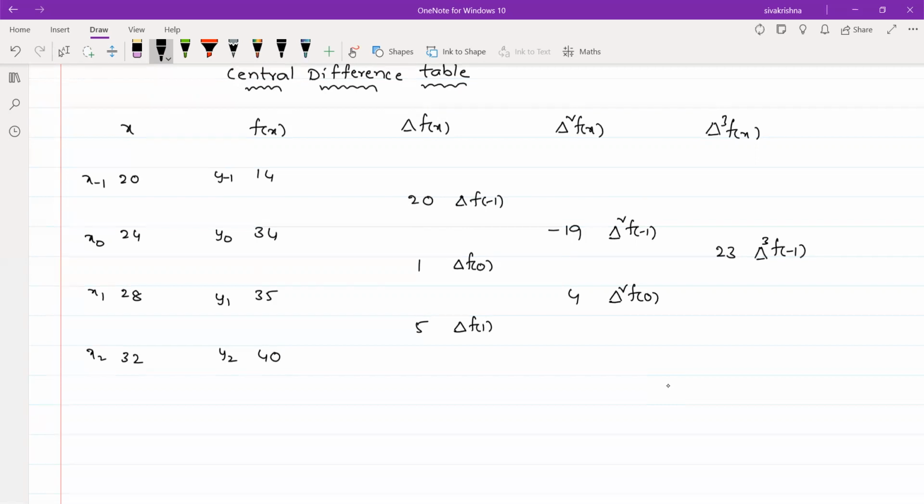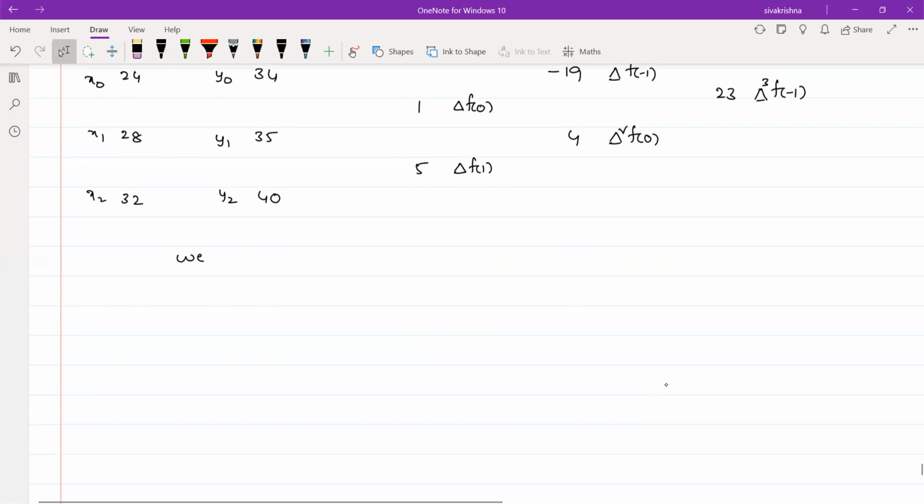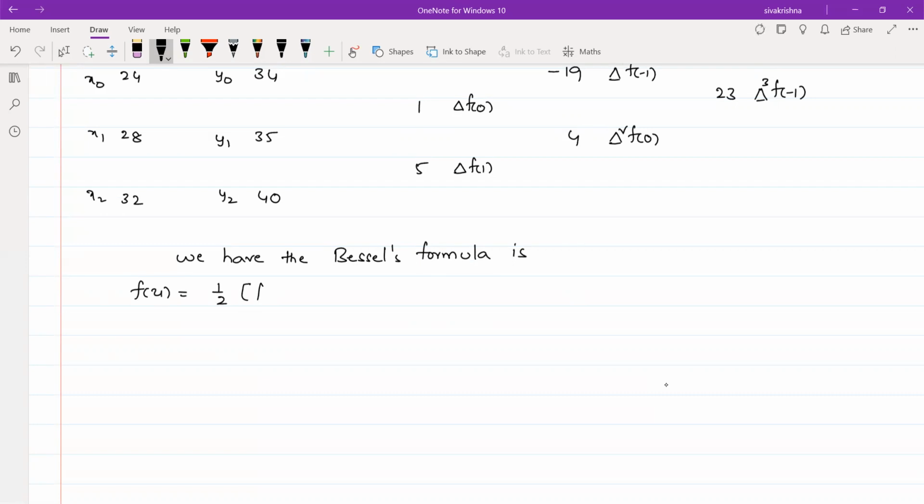Okay. After that, we have to write the formula, that is Bessel's formula. So once again, you have to write the formula. f of u is equal to 1 by 2 into f of 0 plus f of 1, plus the second term is u minus 1 by 2 into delta f of 0, plus u into u minus 1 by 2 factorial into delta square f of minus 1 plus delta square f of 0 by 2.